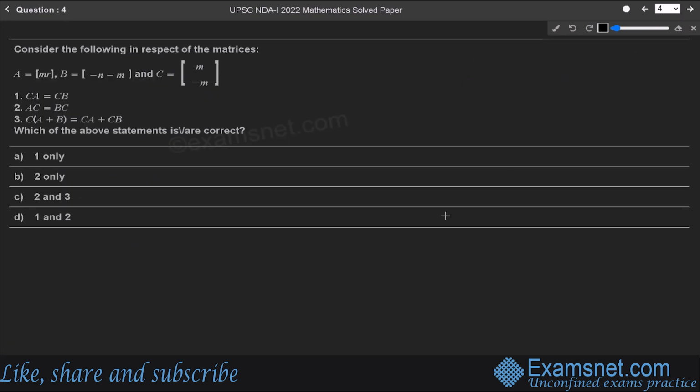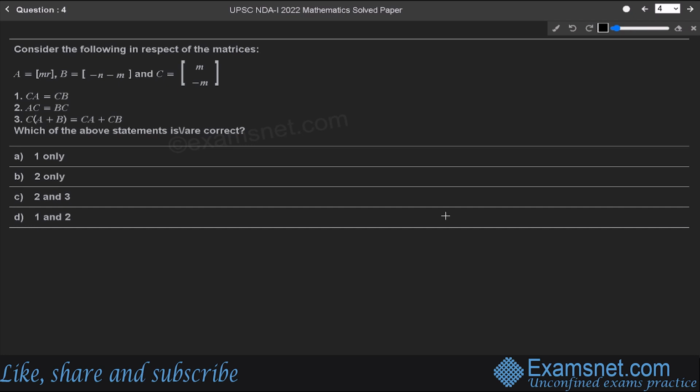Next question is, consider the following in respect of the matrices. A is equal to [m n], B is equal to [minus n, minus m], and C is equal to [m, minus m]. There are three statements and we have to find which of the above statements is correct. Again, this is a question from matrix.